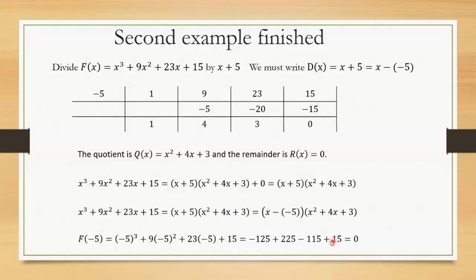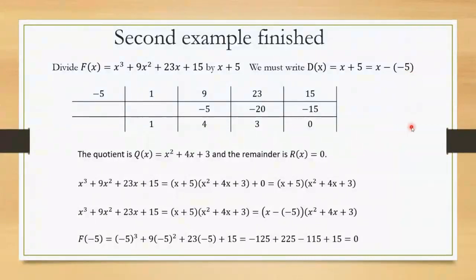So here we got this to be 0. The remainder is 0 as well. And what are we doing down here? We're evaluating our dividend at negative 5.